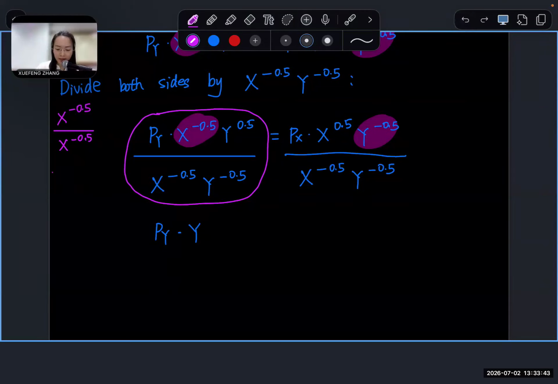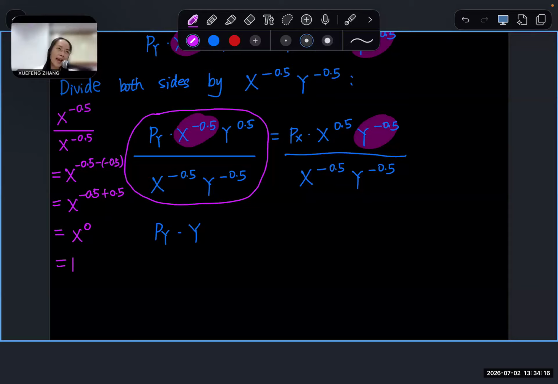Let me write it here. So here we have x negative half minus negative half. Okay, minus becomes positive, right? So next one, x negative half plus half. So here just cancel out, equal x power what? 0. X power 0 equal what? You learned from your high school. 0 or 1? 1. Exactly. So here we have 1.